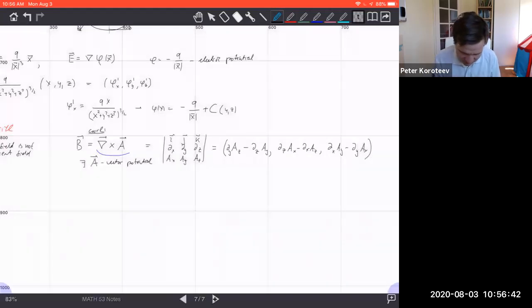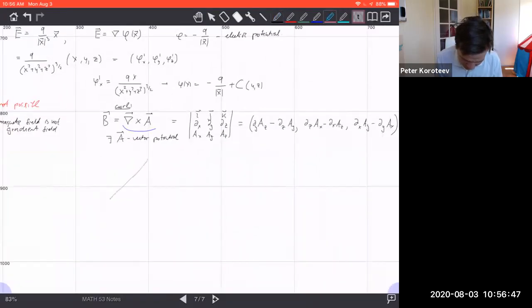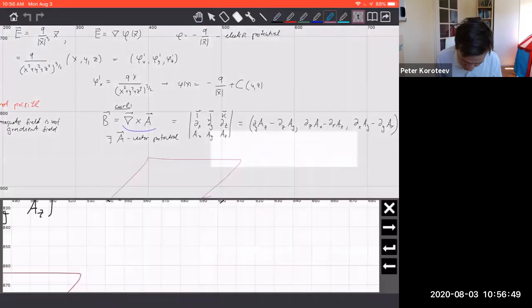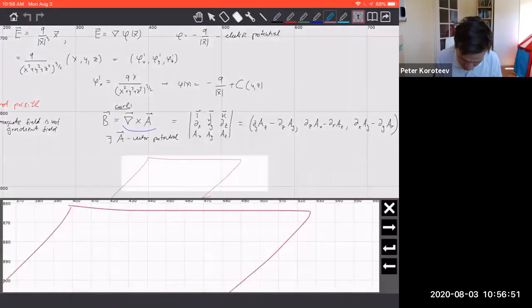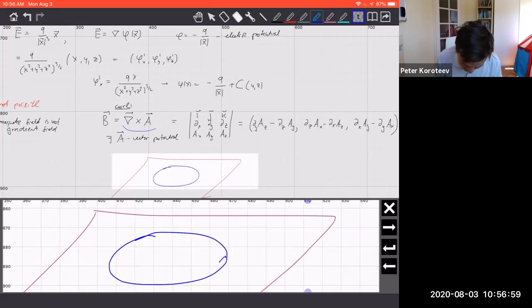We'll talk about this in detail, but let me give you an example right now. Let's consider a different configuration of the magnetic field. Say we have a circular current, so there's a current that flows in a loop.